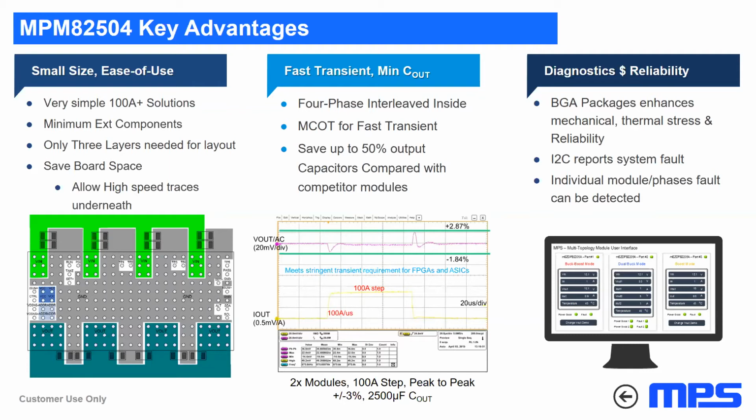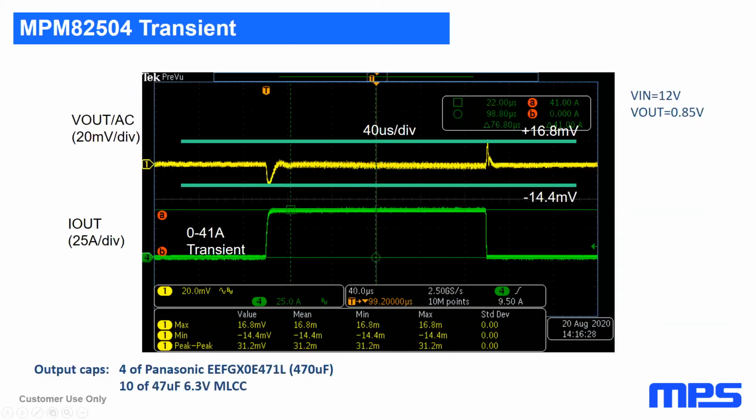That's a huge step up for a lot of these cards, especially now that it's all one integrated device. As we mentioned, there are really high performance requirements for these accelerator cards, with transient response being a key part, where we can maintain a very small undershoot and overshoot even for a large transient step. And the key is the amount of capacitance that we need. Typically, a lot of the competition, especially for discretes or power modules, will need double the capacitance that we need.